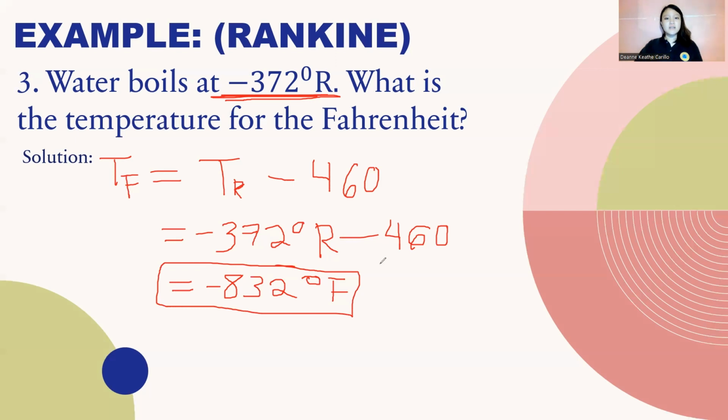Kumbaga kanina, sa first and second example natin, ang equation is temperature Rankine is equals to temperature Fahrenheit plus 460 kasi ang inahanap doon is convert from degree Fahrenheit to degree Rankine or Rankine scale.